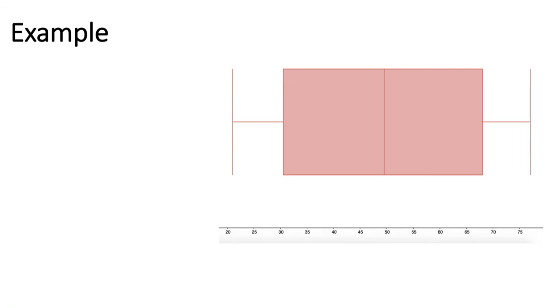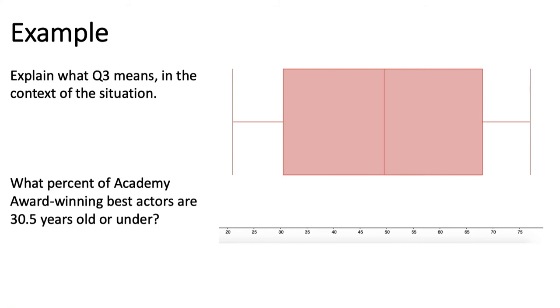Not only does a box plot help us easily identify information about the data set, it also helps us to interpret information. Let's start by interpreting what Q3 means in the context of this situation. Remember, Q3 in the data set was 68.